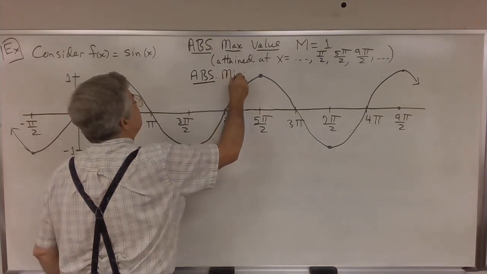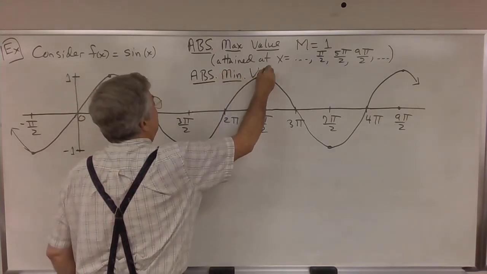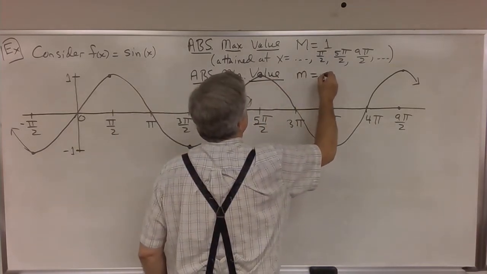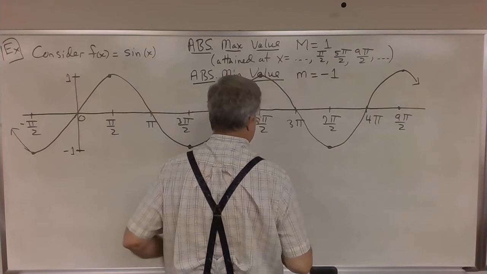Absolute minimum value, little m equals -1.